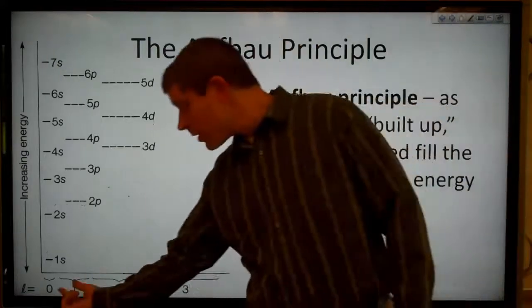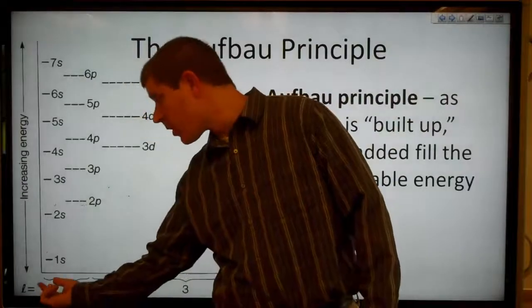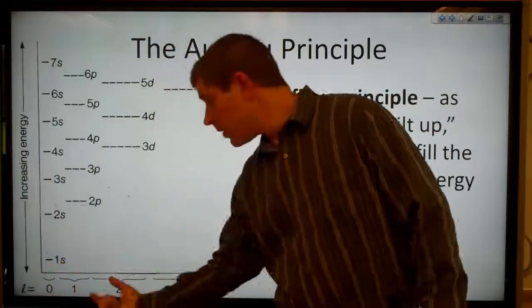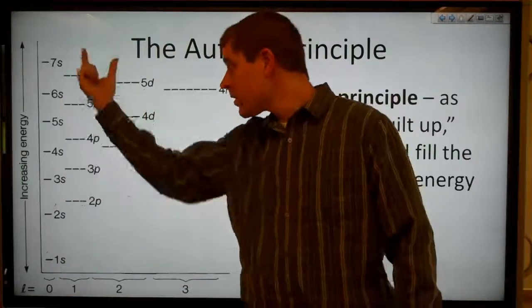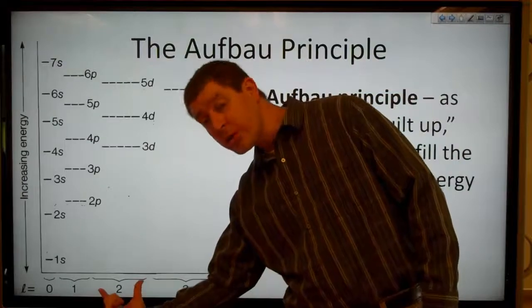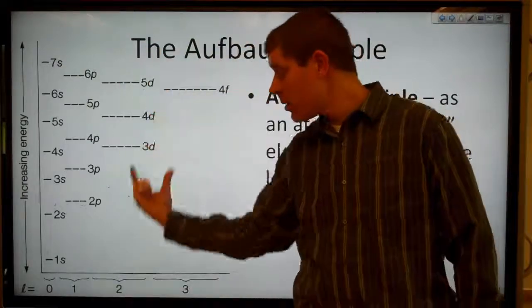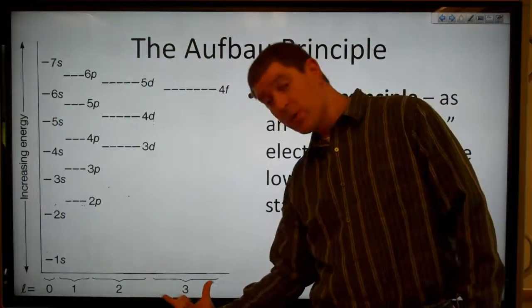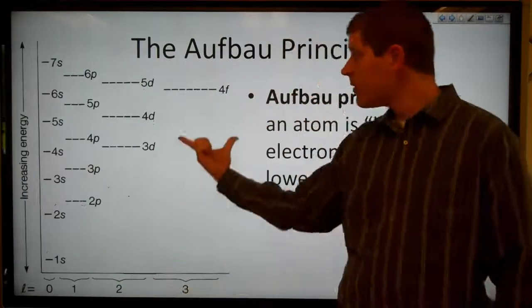So again, down here we have the L values. L equals 0 are the s, so you note that all of the s orbitals are here, all of the p orbitals are there, and again there is no 1p. All of the L equals 2 is d, so all of the d orbitals are here, and there is no 1d or 2d. L equals 3 is the f, so again all of the f orbitals are here.